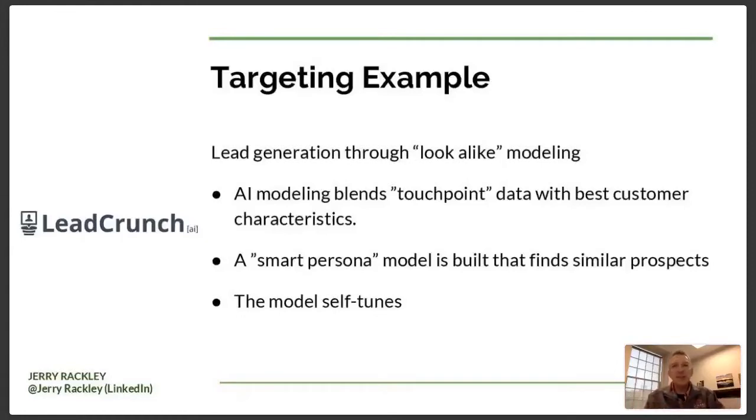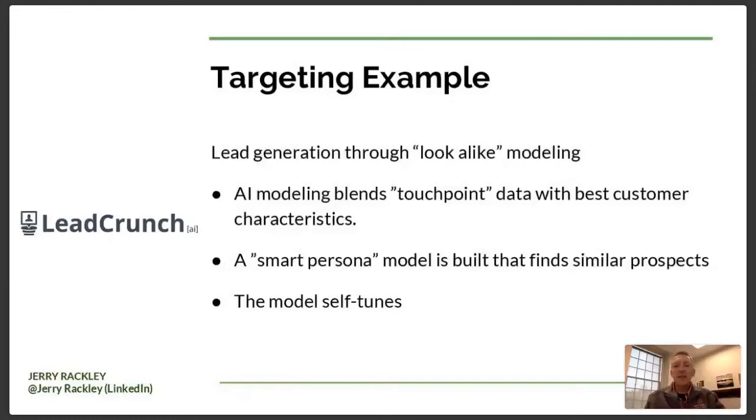Using these and other inputs, the AI modeling algorithm then looks for commonalities among best customers to create a model of algorithmically similar, or what we call lookalike, prospects. The resulting model not only identifies audiences with the highest propensity to purchase, but it can optimize the delivery of content to engage them better. And what's also cool about this is it self-tunes. The more you use this, the more accurate the model becomes. And this is what marketing technology vendor LeadCrunch is delivering to its customers. So that's just one example of what I was talking about with respect to targeting.